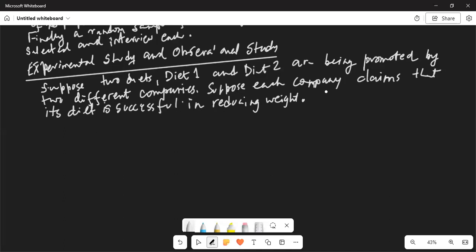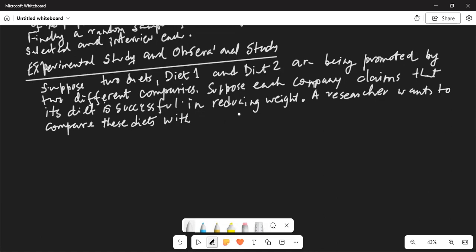A researcher wants to compare these diets with regards to their effectiveness for losing weight.